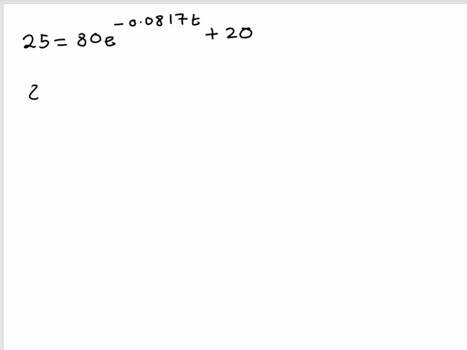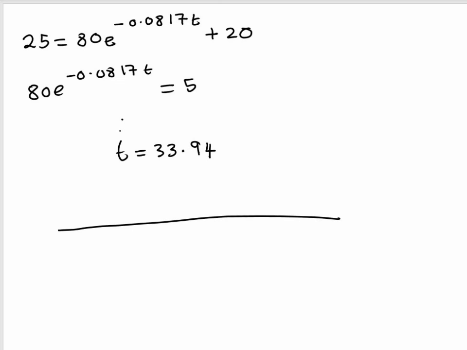And then we have 80 e to the power of negative 0.0817 t equals 5. So let's solve this. So we have now t equals 33.94. So 33.94 is the time taken for the object to cool from 100 degrees Celsius to 25 degrees Celsius.